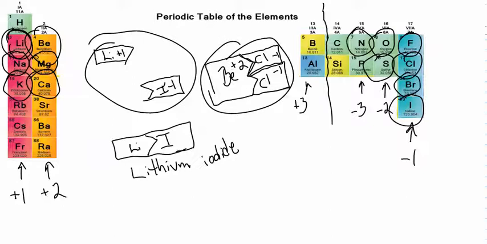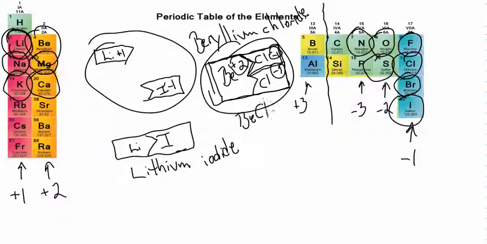So once you make this into a rectangle, you cut these things out if you want to, then you know that you're balanced. +2 and then -1, -1, they balance each other out. So this would be beryllium chloride, and the formula would be BeCl2. So if you need some practice, ask me about this worksheet or that activity, and I can point it out to you.